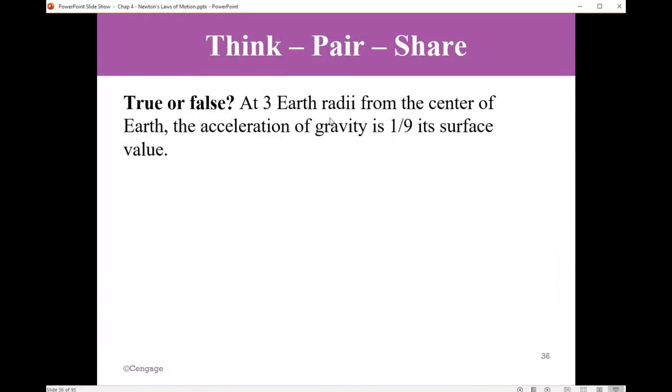At 3 Earth radii from the center of Earth, the acceleration of gravity is 1/9 its surface value. True or false? Based on what we learned. Any suggestion?